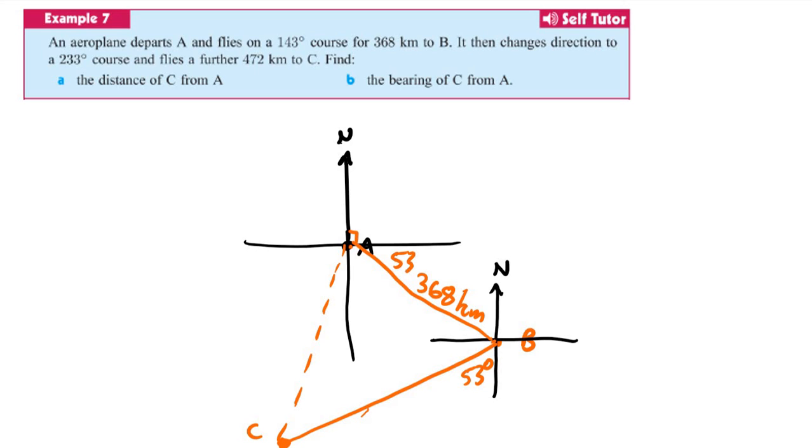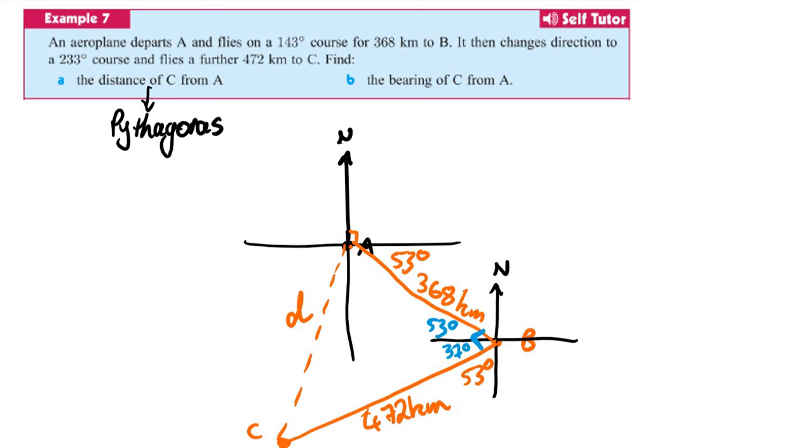Oh, I'll get it right in a minute, 53. So, if that's 53 and that's 53, by the Z rule, we know what that's going to be, 53. And 90 take 53 is 37. That means that's a right angle there. And we know this length is 472 kilometers. And so now we could work out the distance from C to A. The best way of doing that would be to use Pythagoras.